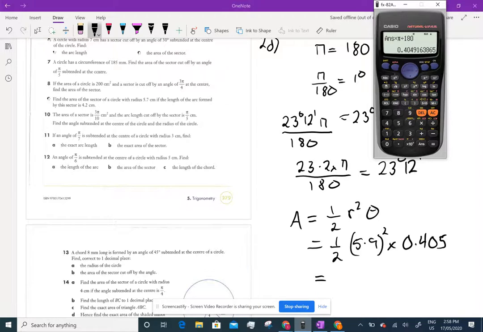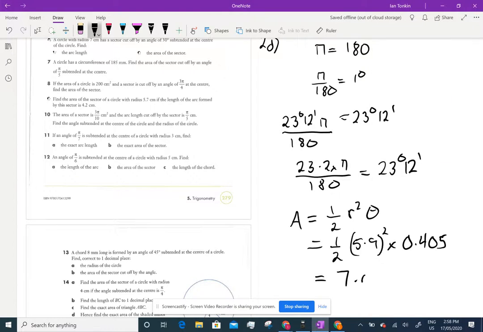So we go half times 5.9 squared times my answer, because it's in the calculator. Stop giving me degrees, minutes, seconds. Right, and I'm just checking that answer in question 2. What was it? D. Yeah, 7.05, and it's in centimetre squares. So that's how you do those ones.